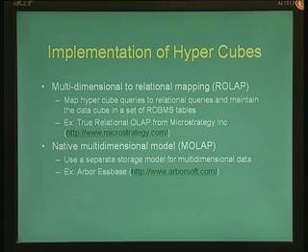And the other kind of implementation strategy is called MOLAP, or native multidimensional model, where the storage structures and index structures are redesigned for storage of multidimensional data itself, and which has got nothing to do with the relational model in itself.